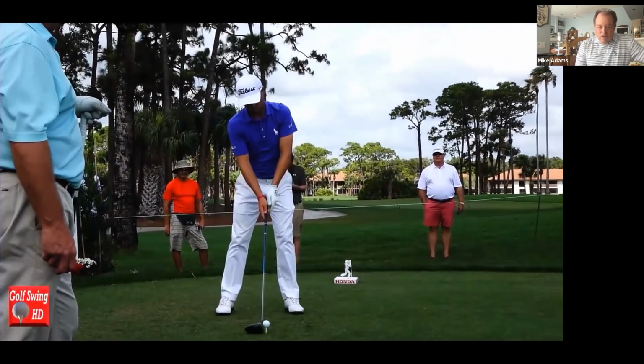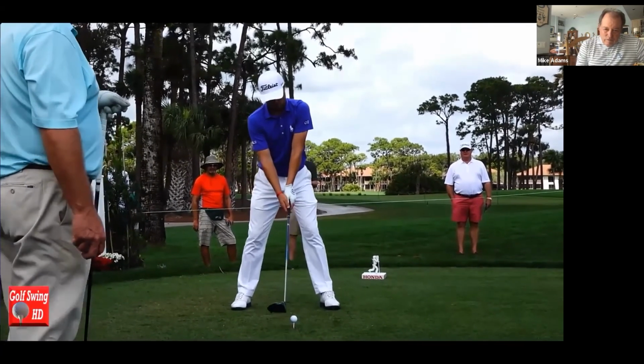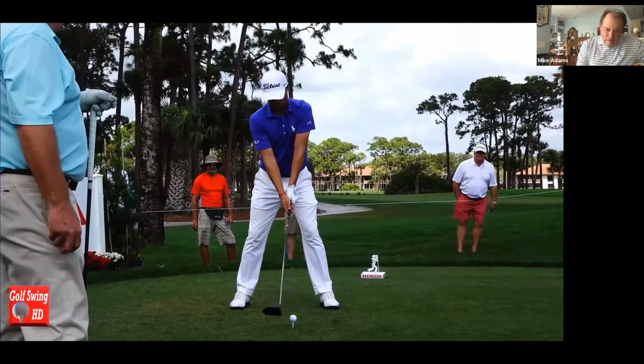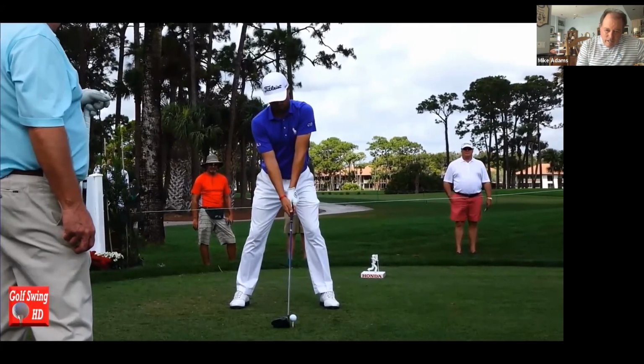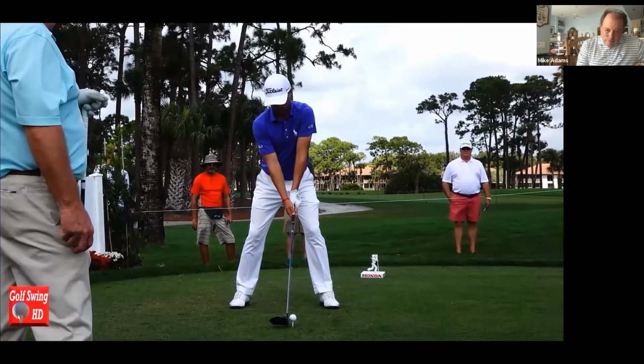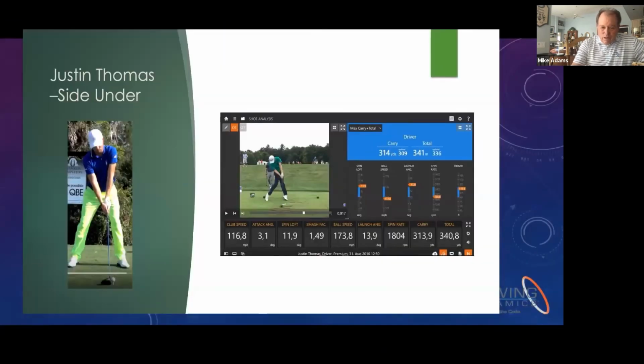There's Justin Thomas. Check out his right hand. Right hand's under the shaft. So 117 miles an hour club head speed, angle of attack 3 up, spin was 1804.